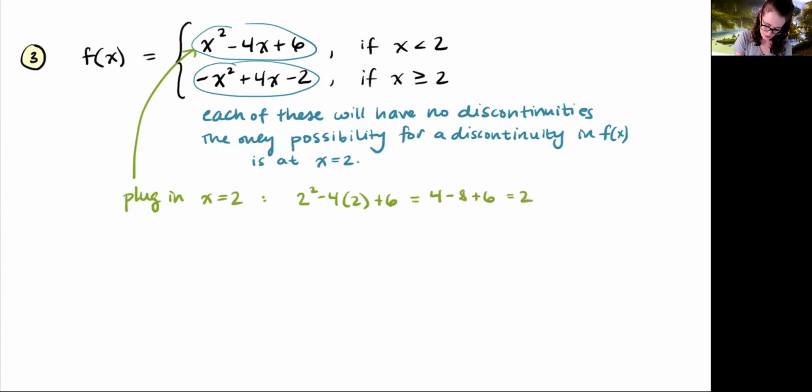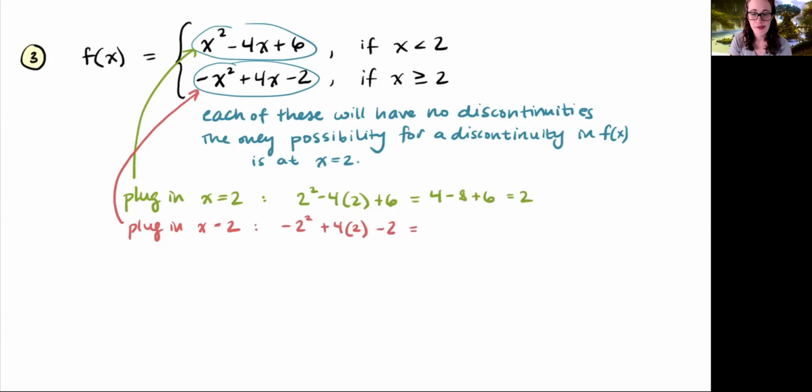All right, then we're going to also plug in 2 into here and see if they meet up at that point where they're glued together. So we'll have negative 2 squared plus 4 times 2 minus 2. Okay, negative 2 squared, remember your order of operations.